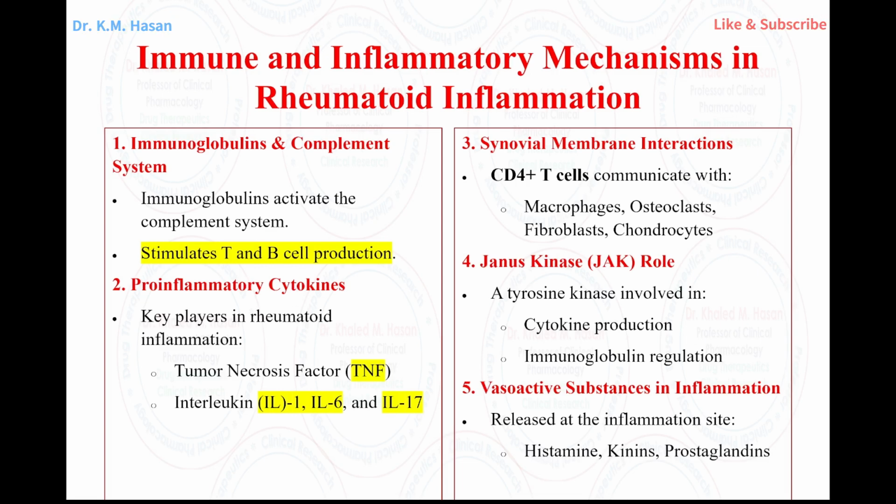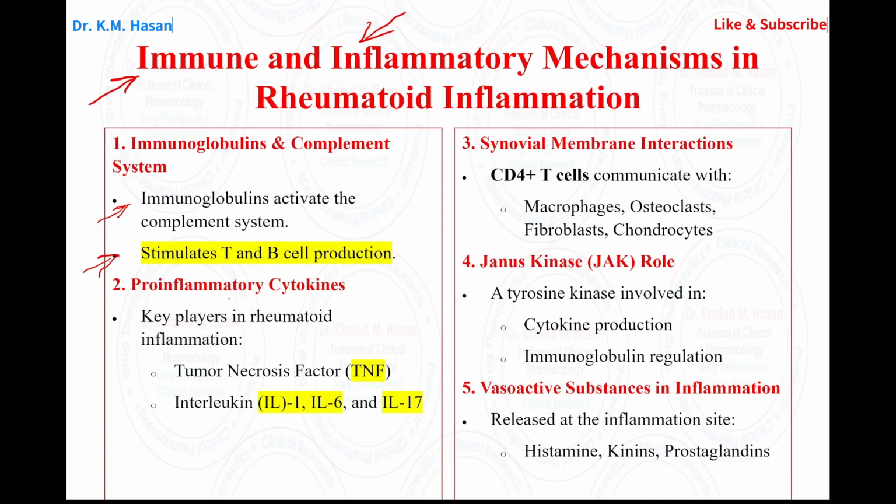Okay, so regarding the immune and inflammatory mechanism in rheumatoid arthritis, as we discussed in the beginning, we have two major components involved. Number one, we have the immune mechanism, and number two, we have the inflammatory mechanism. Immunoglobulin and the complement system: you can see here when you have rheumatoid arthritis, the immunoglobulin activates the complement system, and this will lead to the stimulation of T cell and B cell production.